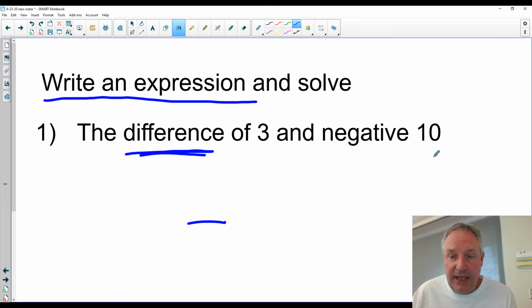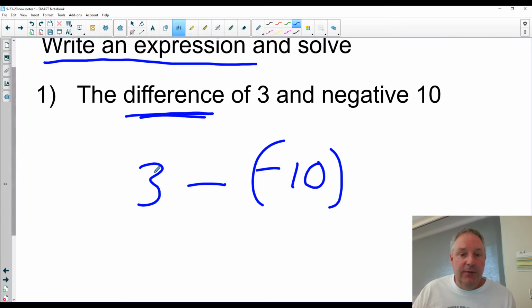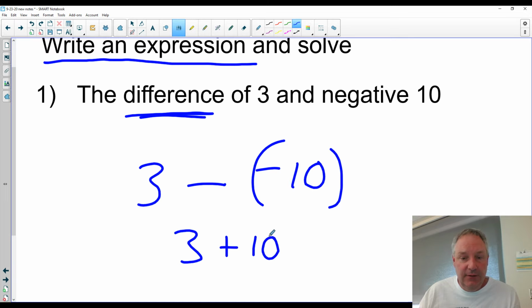So I get 3 minus negative 10. I do need to see the subtraction. So this turns into minus a negative is 3 plus 10, and then 3 plus 10 would be 13.